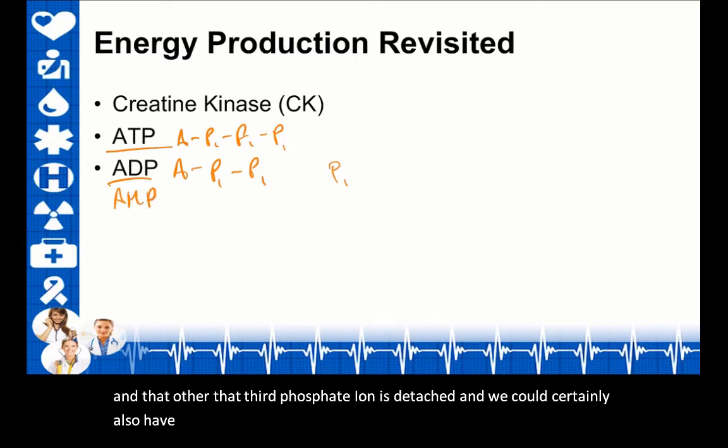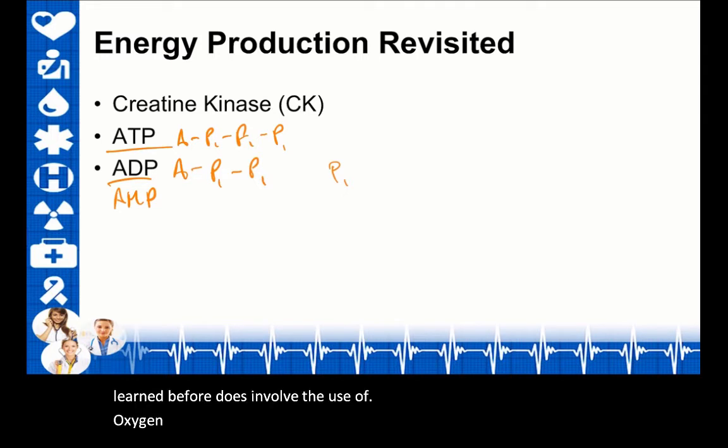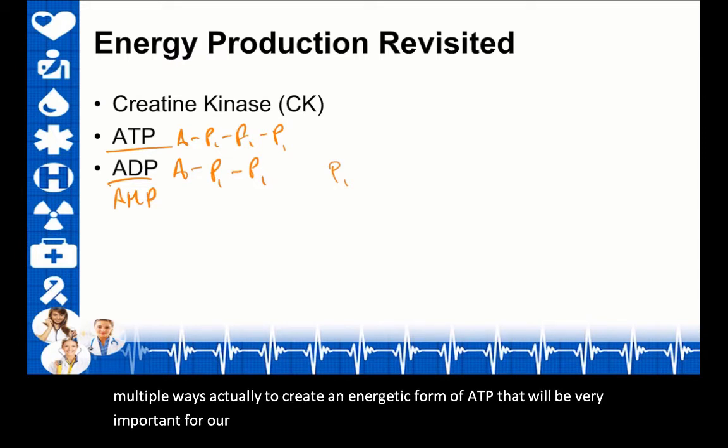Now, the process of creating ATP does involve, as you've learned before, the use of oxygen and glucose, and is performed in the mitochondria. But there are multiple ways, actually, to create an energetic form of ATP. And that'll be very important for our process of muscle contraction and relaxation.